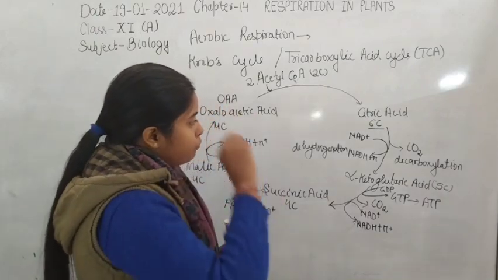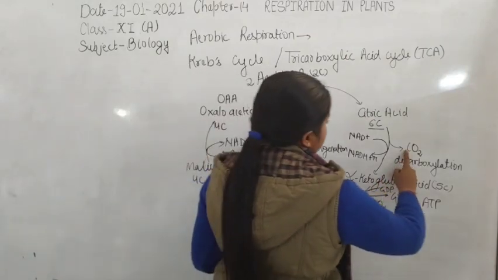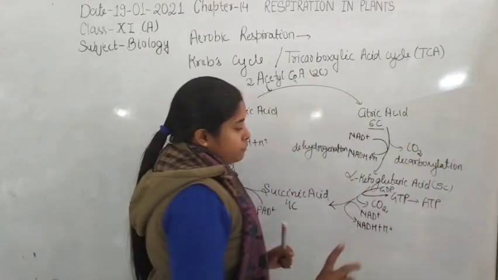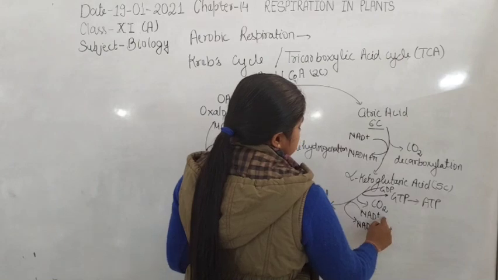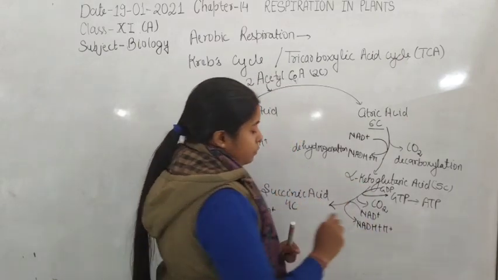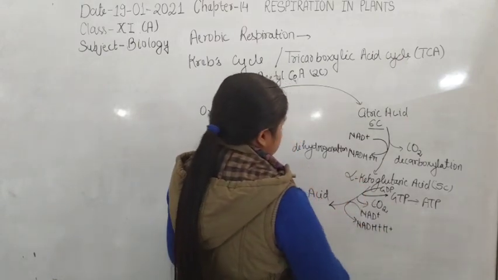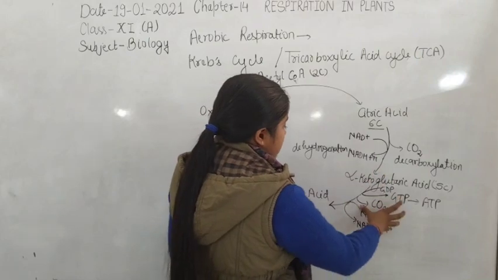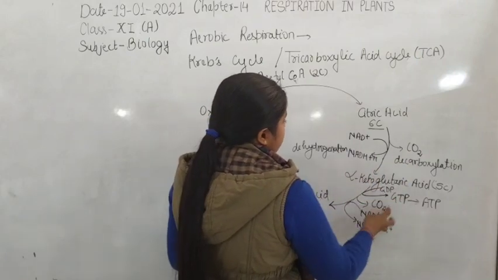So 1 carbon is released in the oxidized form here, and the second carbon is released in the oxidized form in the formation of succinic acid. So here is a 2 carbon containing molecule.